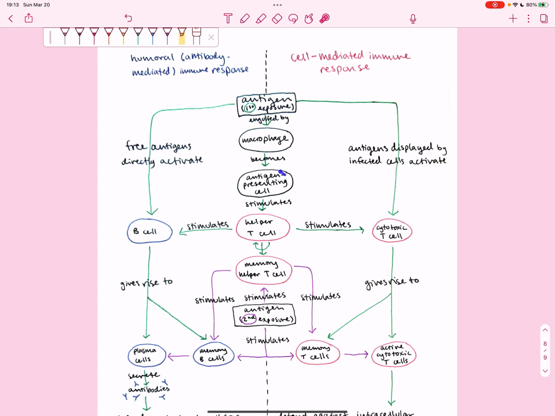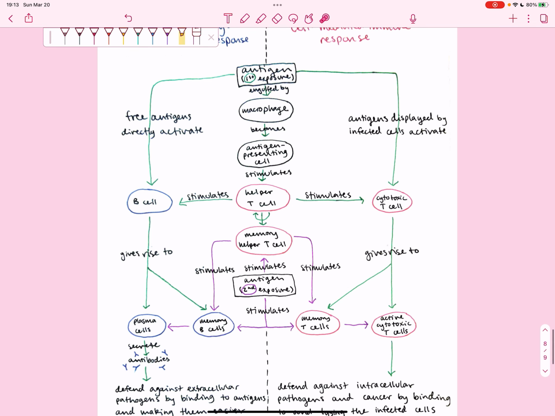Macrophages then become antigen-presenting cells, which stimulates helper T-cells. Helper T-cells will then stimulate B cells, and they'll also stimulate cytotoxic T-cells. So it's a double whammy of how this antigen will get your adaptive immune system going.